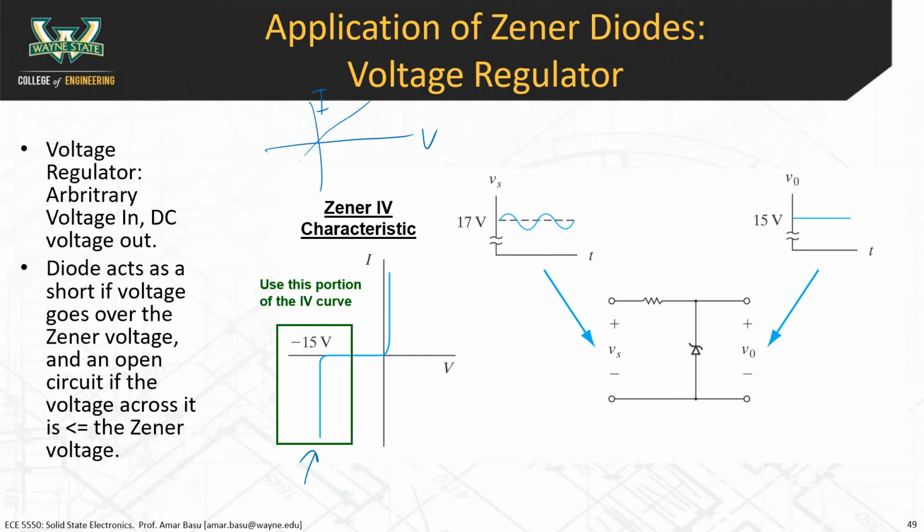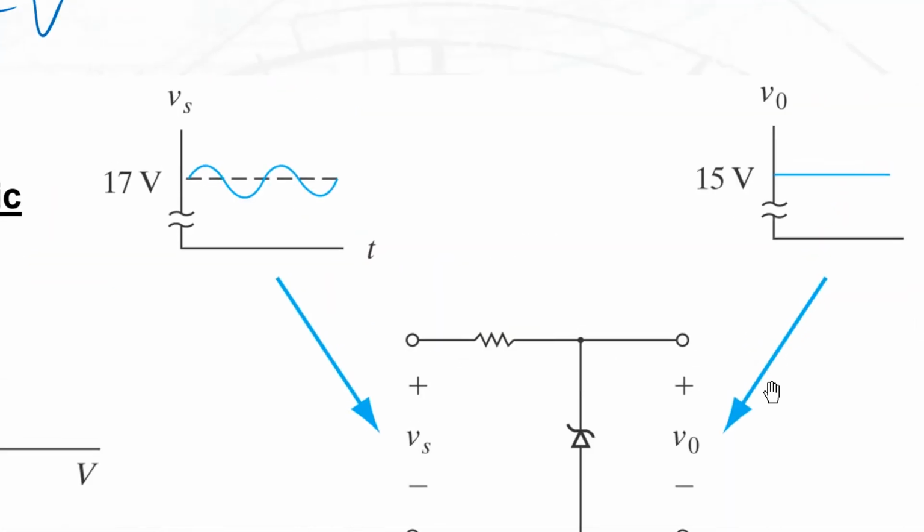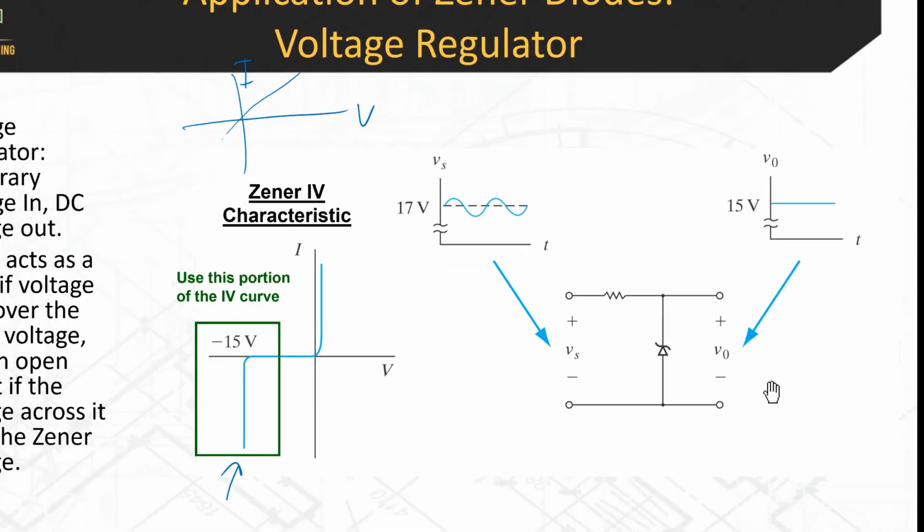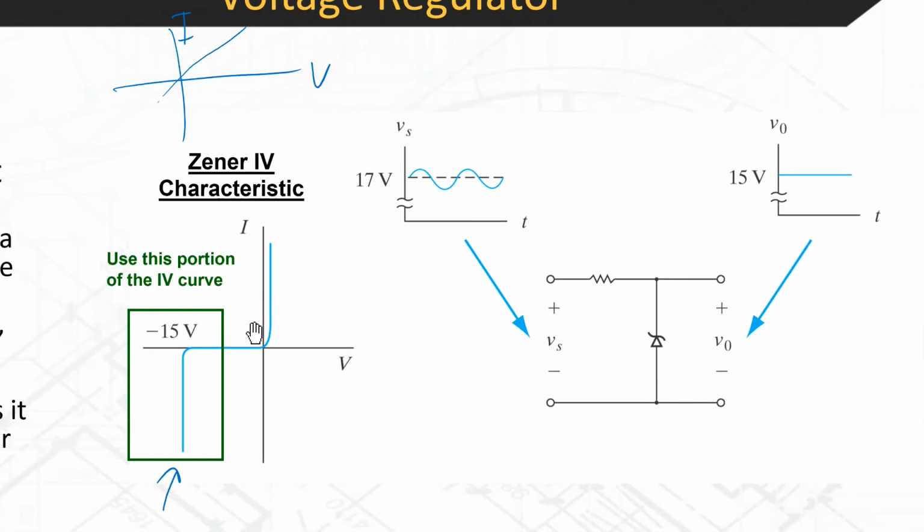I think the best thing to do is just look at an example. If you have a circuit like this, let me zoom out so you can see the IV characteristic also. The Zener diode, basically any voltage below negative 15 volts is going to turn into a short circuit. So when you have a vertical line like this, that means a short circuit.